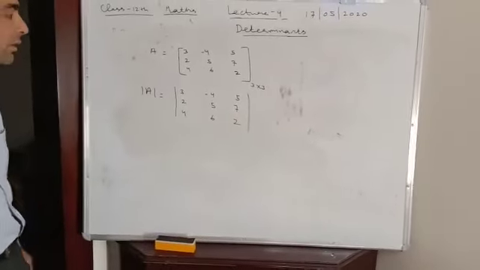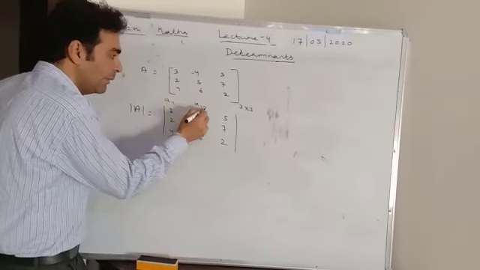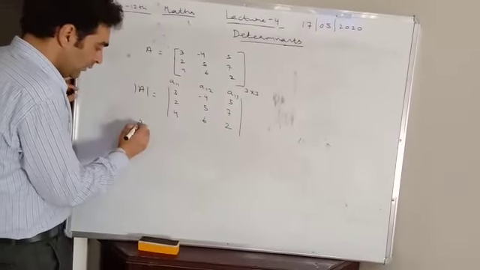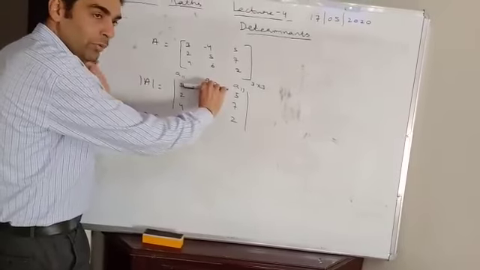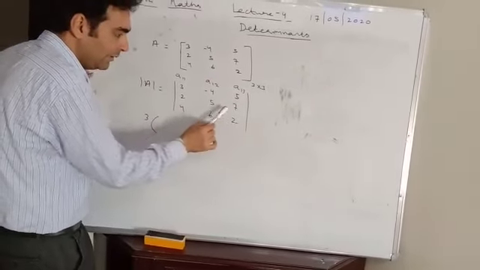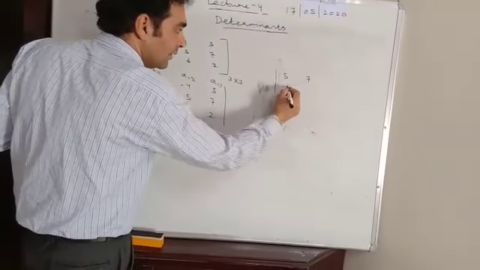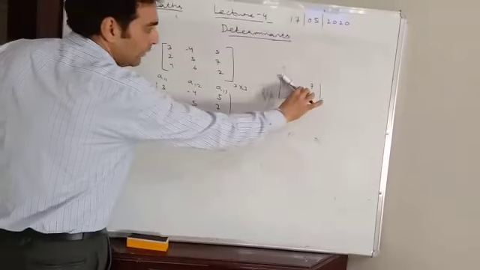Now we have to find out the determinant of this matrix. Here the element is A11, here the element is A12, here the element is A13. So write 3. This column and this row you will not use, the elements will be 5, 7, 6, 2.